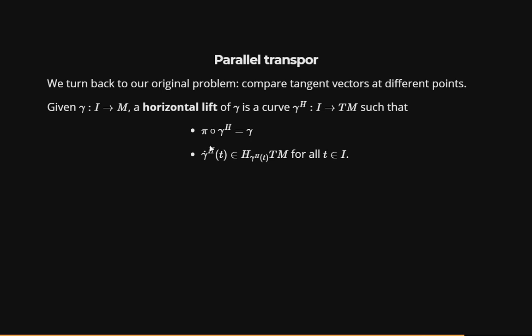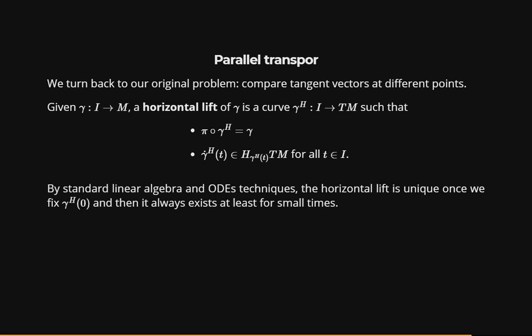And the tangent vector to the lift, so to gamma h, is inside the horizontal subspace at each point. So this curve, the lift, is a curve that travels through the tangent bundle, which is big. So its tangent vector is a tangent vector to the tangent bundle. So it lives in that space, which is the sum of the horizontal and the vertical distribution. Now, a horizontal lift is a curve that projects down to our curve, whose tangent vector is always in the horizontal distribution.